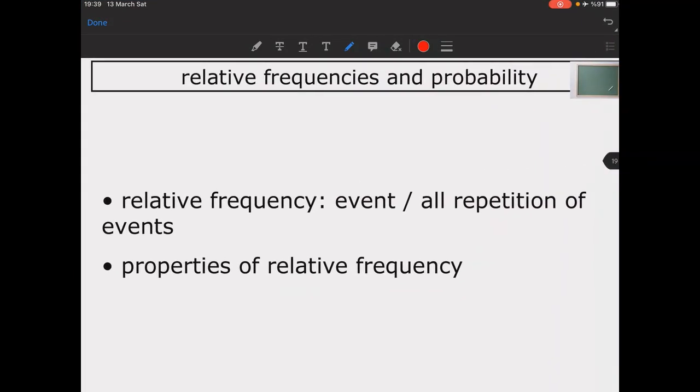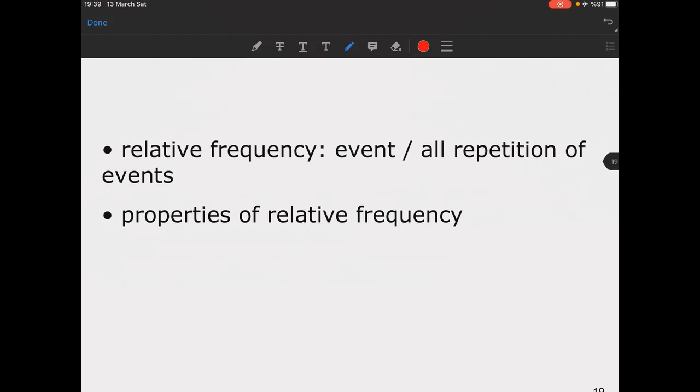So when we talk about the relative frequencies and probability, we're talking about the relative frequencies, the number of events over all repetition of those events. And when we take a look at the properties of the relative frequency, we can come up with something like this.